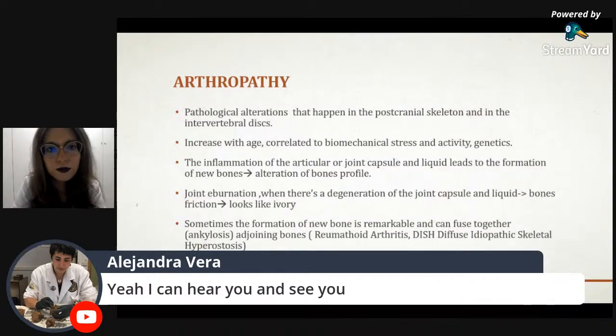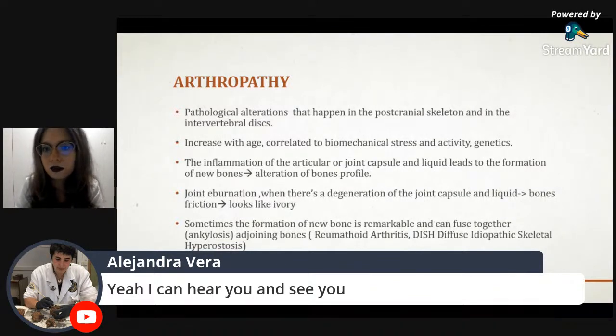Another pathology which is very common is arthropathy, which is a group of pathological alterations that happen in the postcranial skeleton and in the intervertebral discs. Arthropathy increases with age.